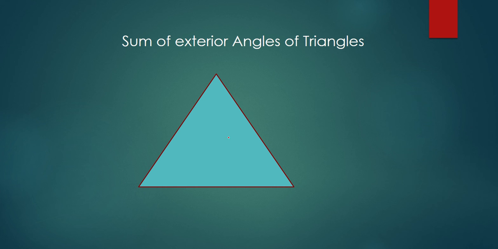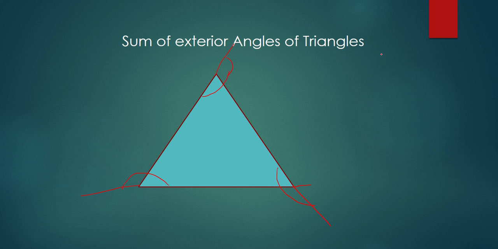Now an important thing that I want to tell you about the exterior angle: if this is the exterior angle, taking this side, if this is interior, this will be the exterior. If this is interior, this will be exterior. If this is interior, this is the exterior.